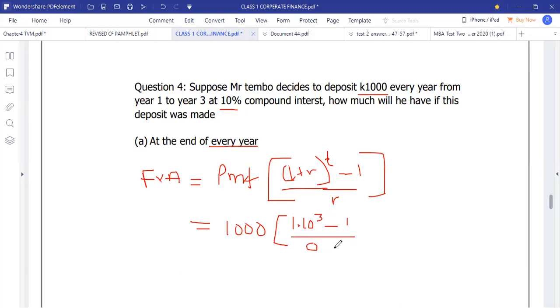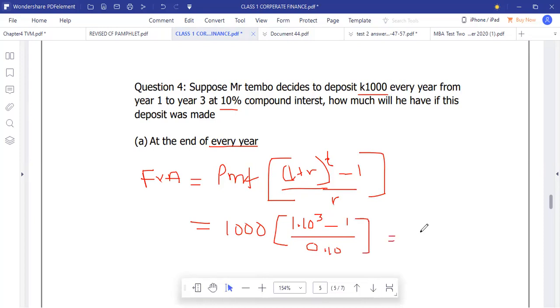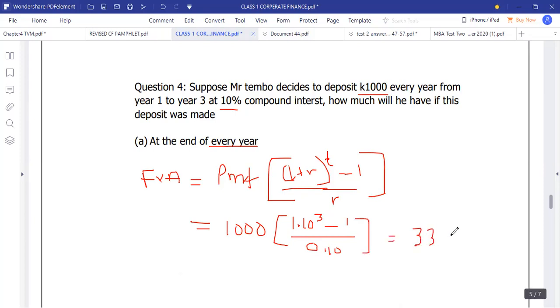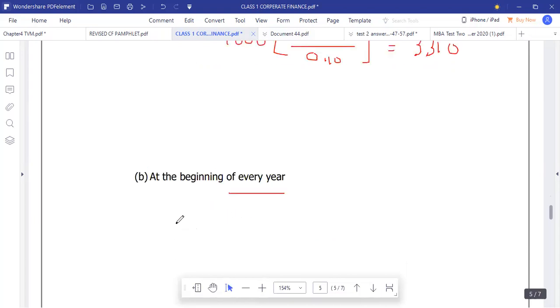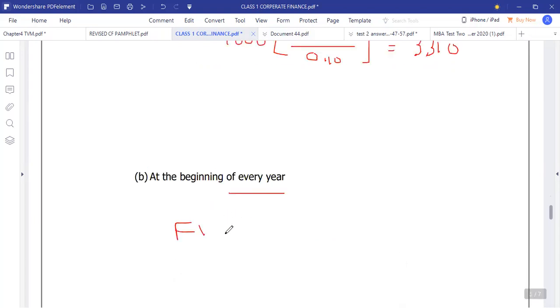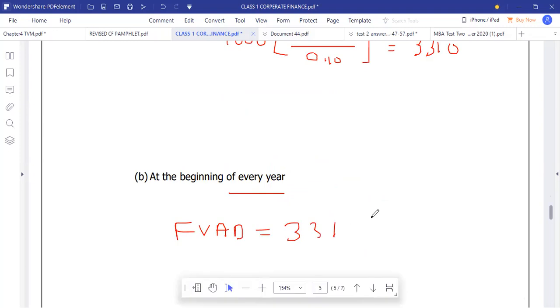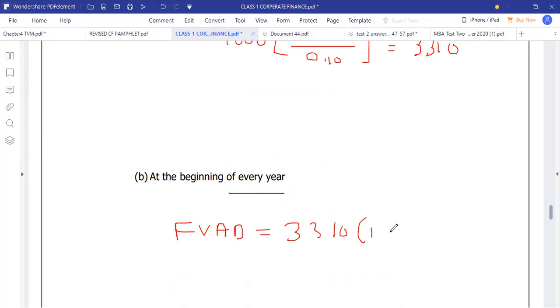So we've already calculated this one was what? 3,310. If it's made at the beginning of the year, it is called the future value of an annuity due. So the 3,310 times 1.10, and you get your figure.